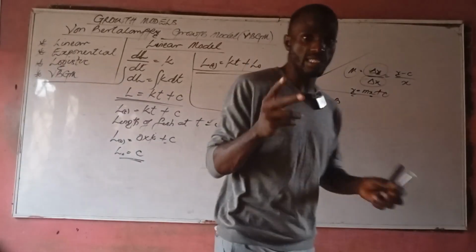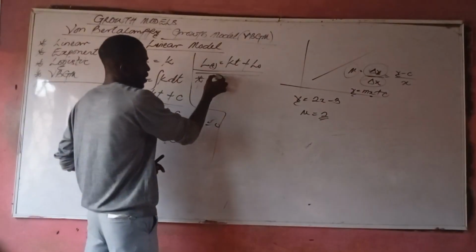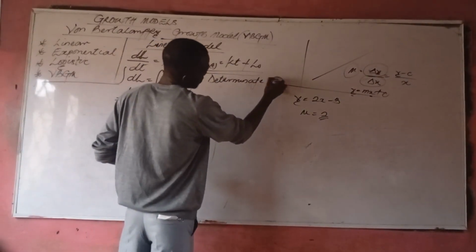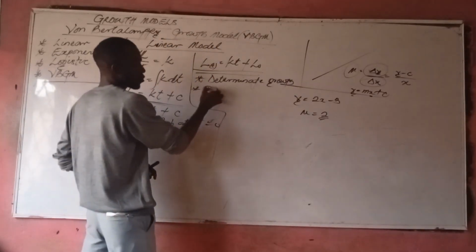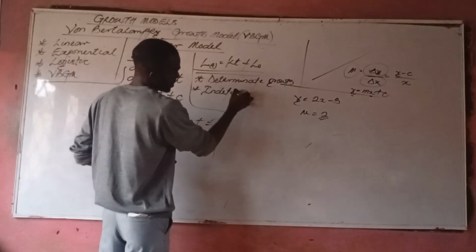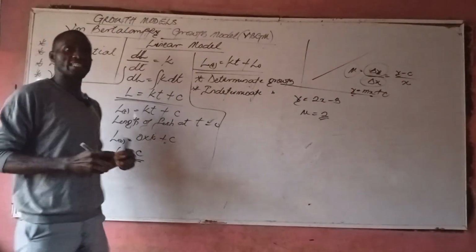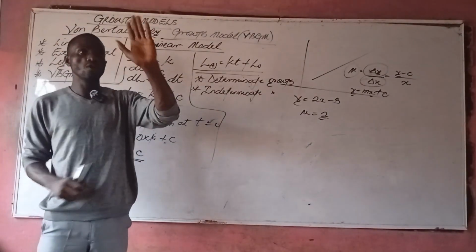In that context, I would like to let you know that there are two types of growth. We have the determinate growth and the indeterminate growth. We humans undergo determinate growth, but organisms like fish undergo indeterminate growth. Why is it indeterminate? Because they experience what is called growth spurts.